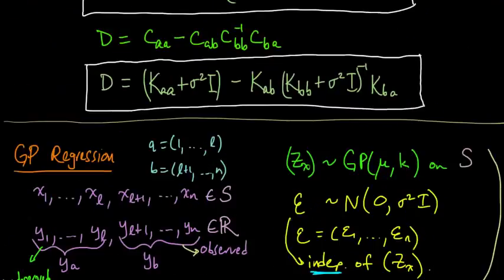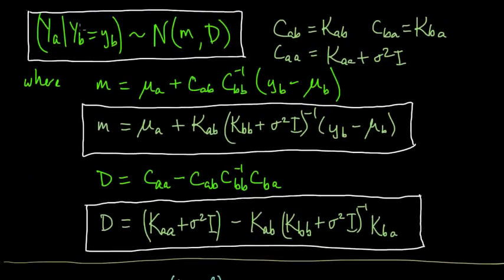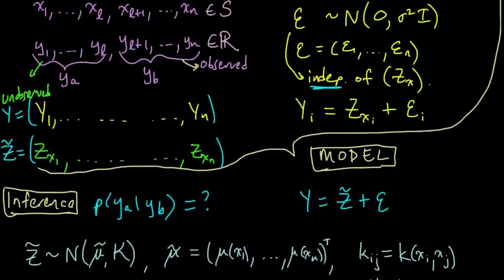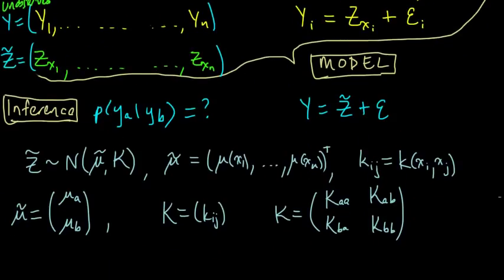And we know from here that the conditional distribution of ya given yb equals little b is just this. So that's what we wanted. We wanted this posterior predictive distribution.